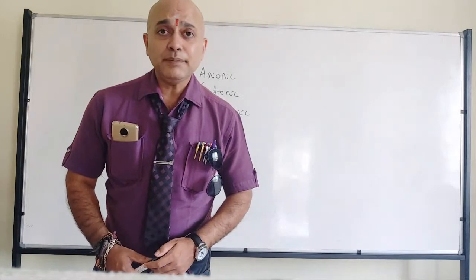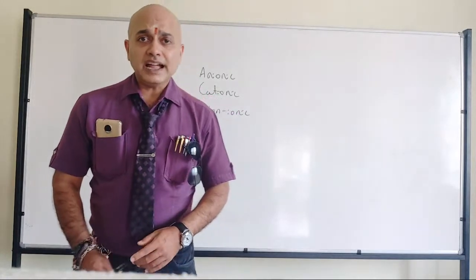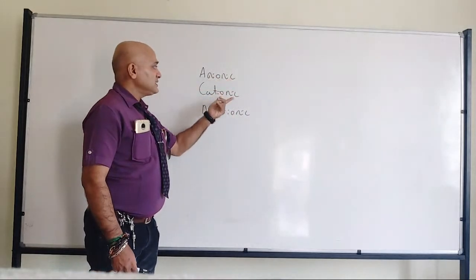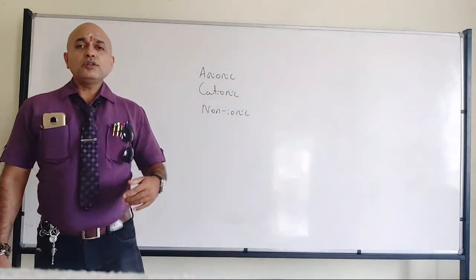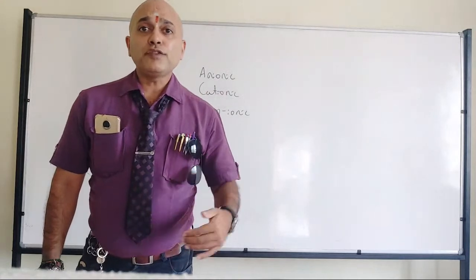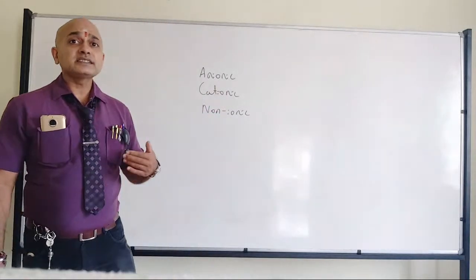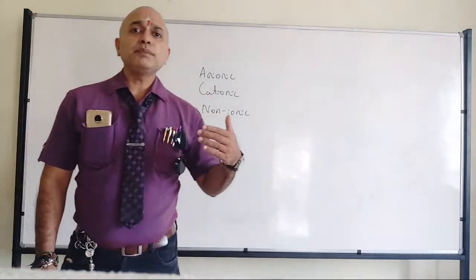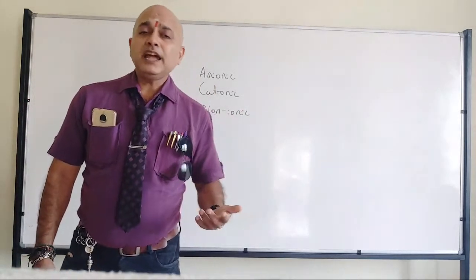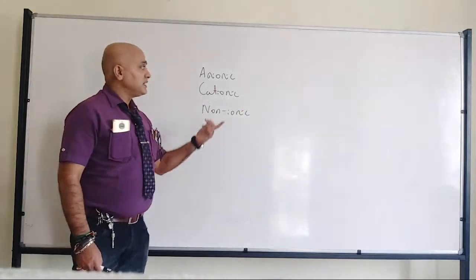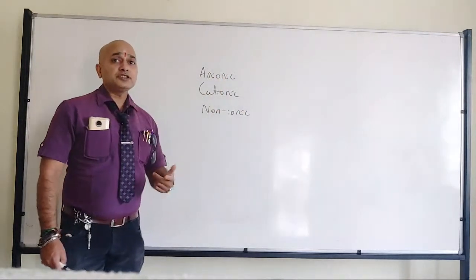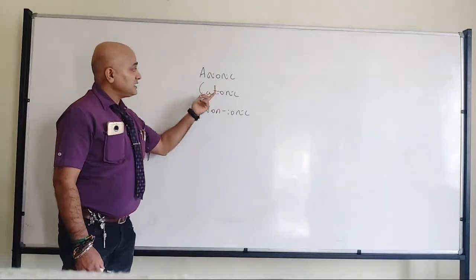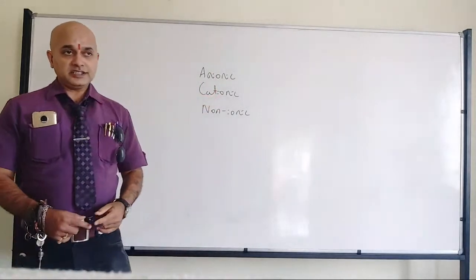So don't write the short form in the exam. If they ask for an example of anionic detergent, don't write simply SDS. Sometimes you may get the marks, but still you should write what is actually the name of the molecule. Fine. So that's where we have anionic and cationic detergents.